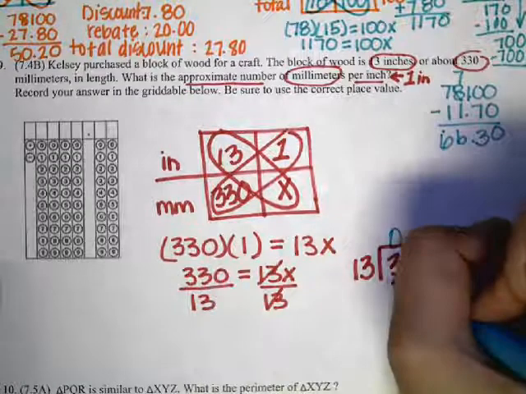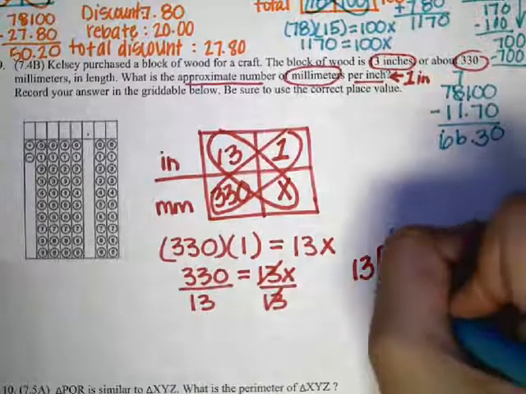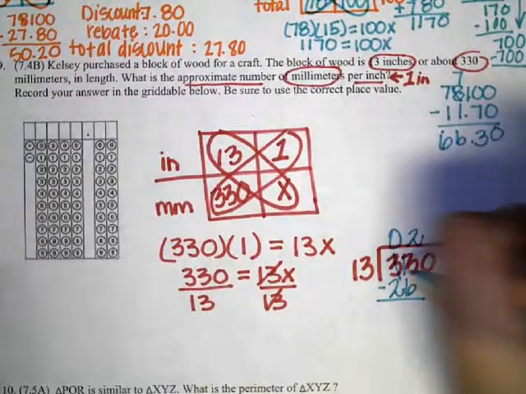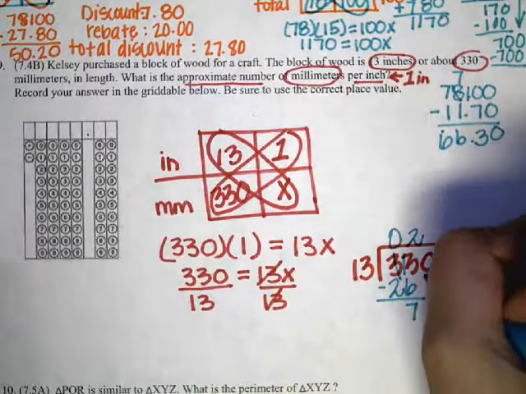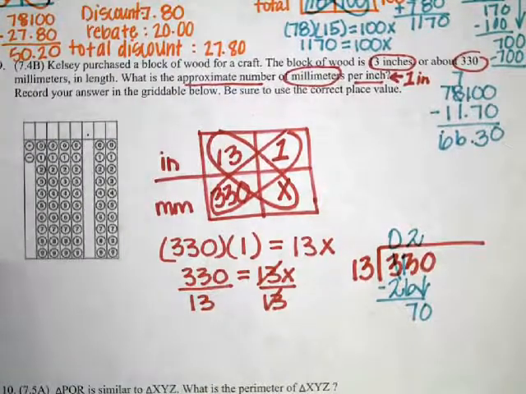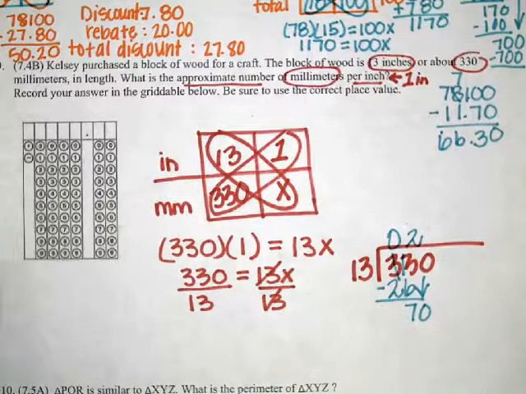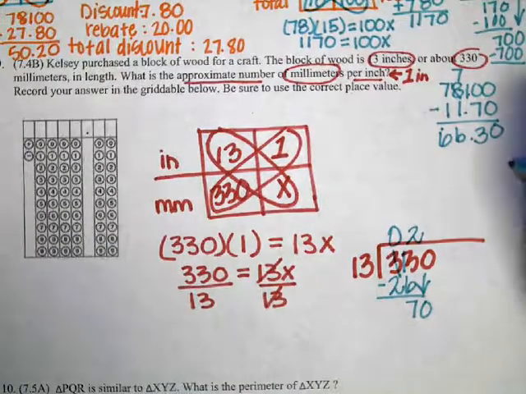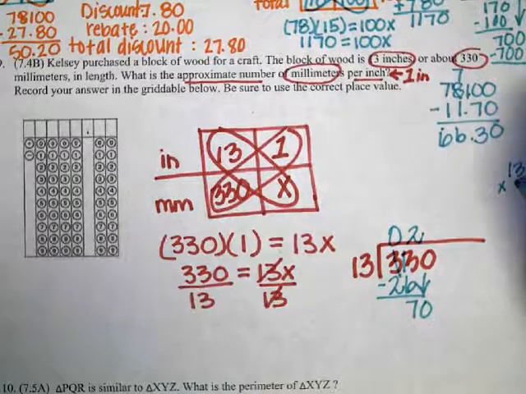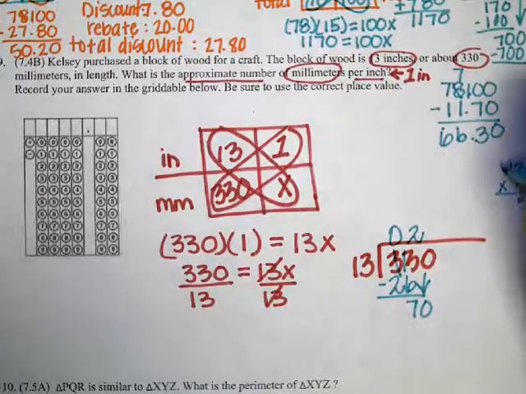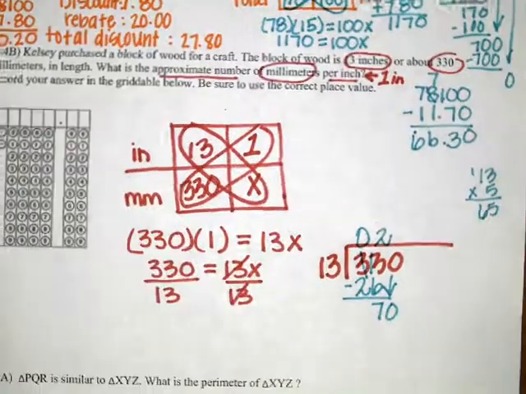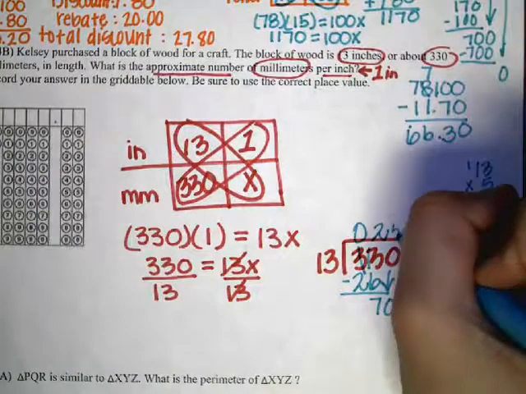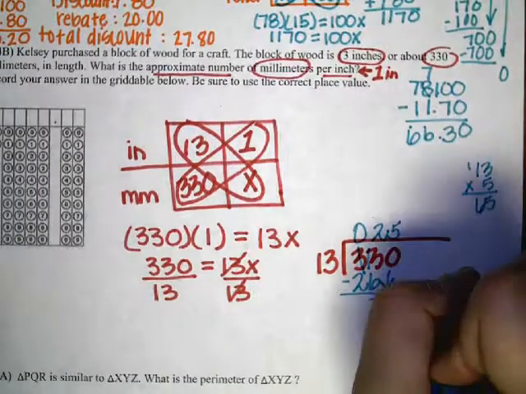13 times 2 is 26. Then we're giving 7. 13 can go into 70, I believe, 5 times. Yes, 5 times. 13 times 5 is 65.